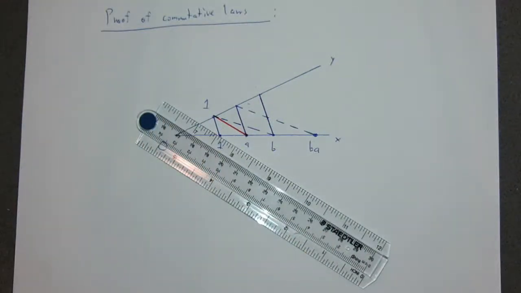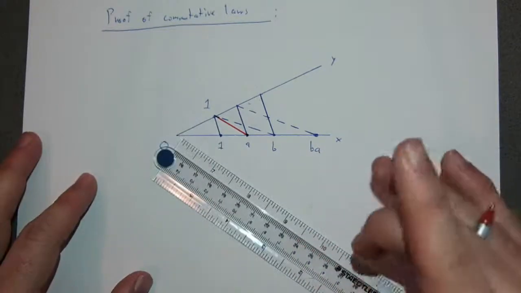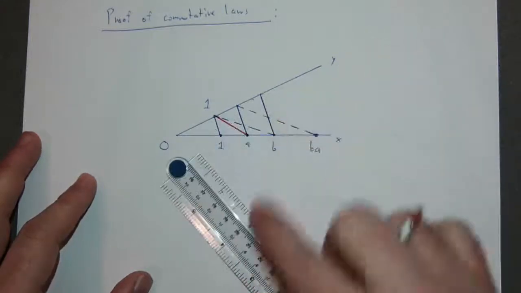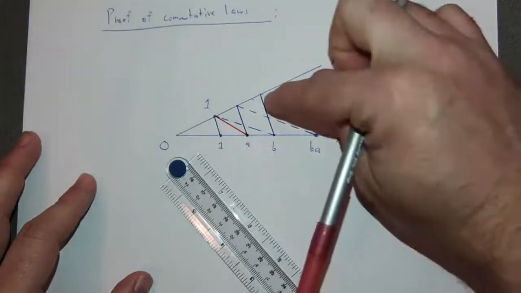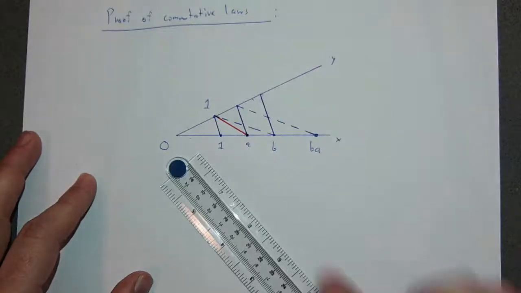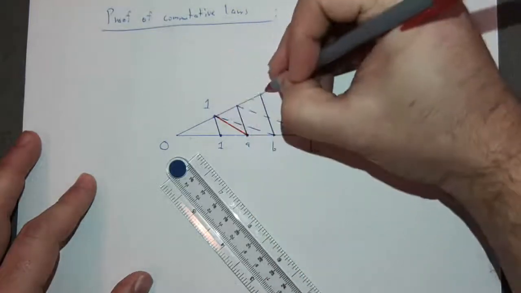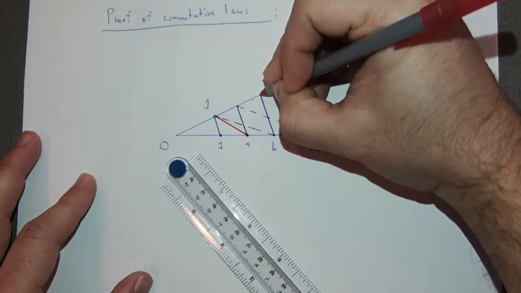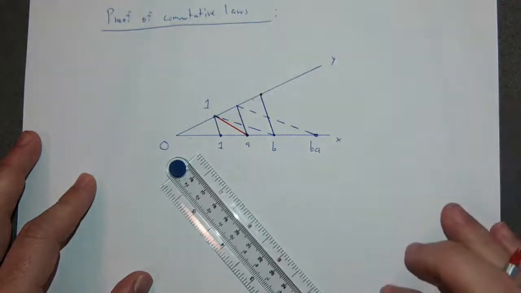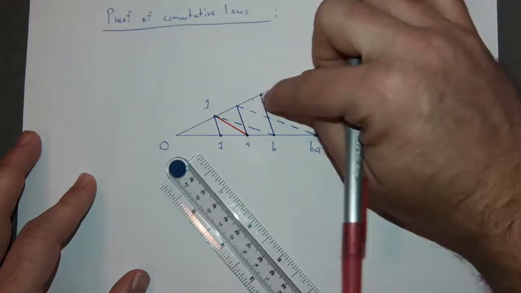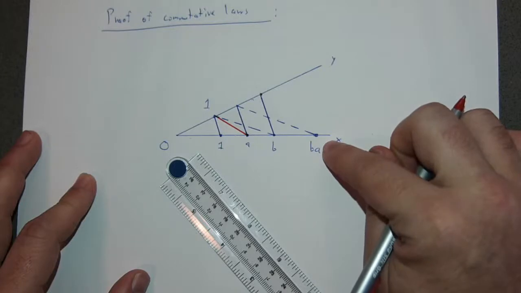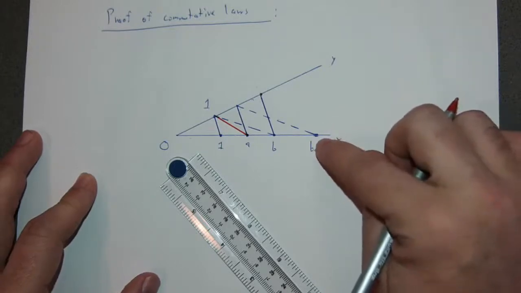And now, what I want to claim is that if I draw the line that is parallel to this line from this point on the y-axis to the x-axis, this line is going to pass through this point B times A. So it is uniquely going to pass through that point.